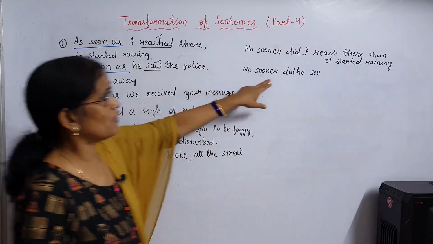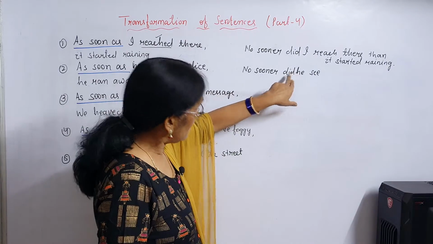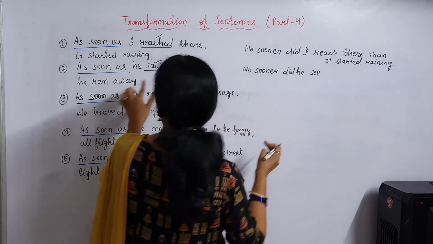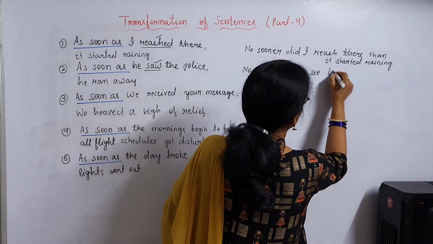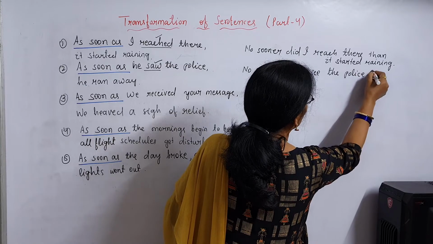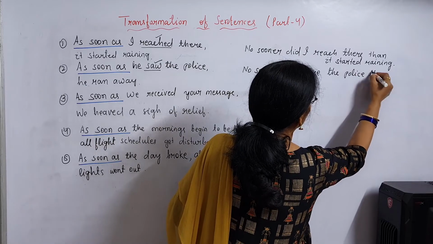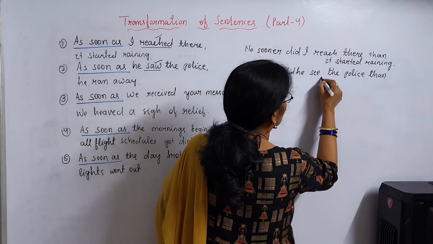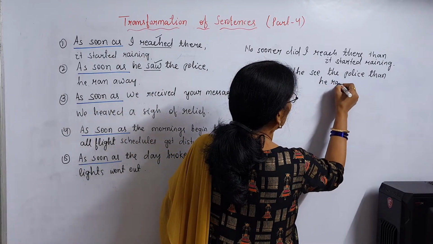Always no sooner is followed by the auxiliary verb, and the auxiliary verb is followed by the subject. Did he see the police? Then, no sooner than he ran away. The same thing will be copied.